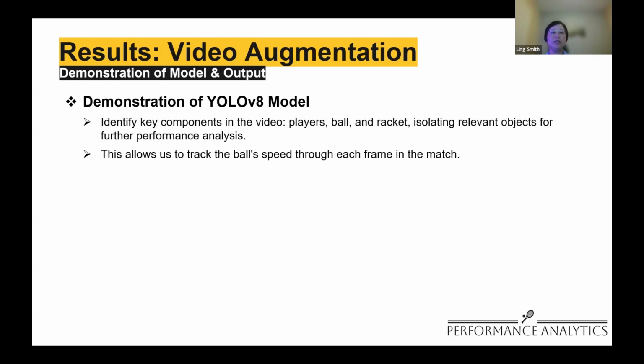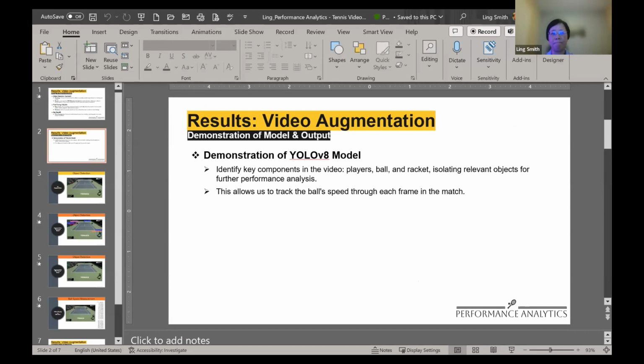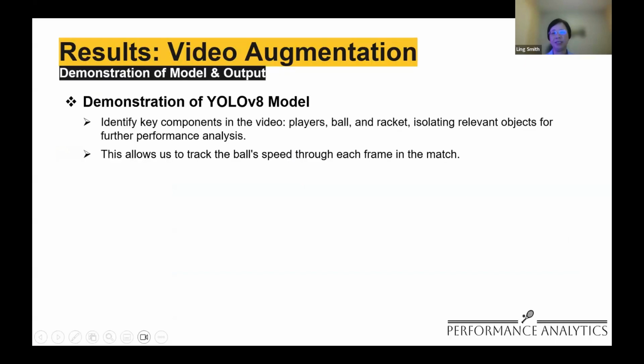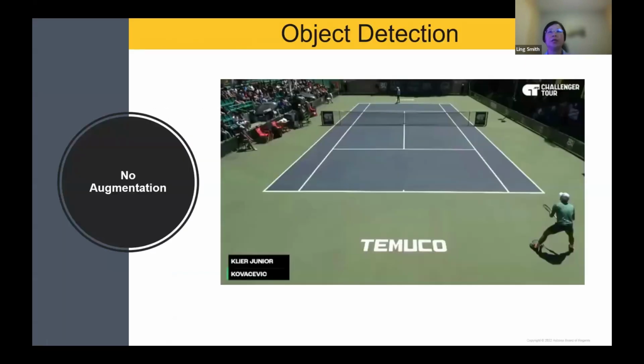So this fine-tuned model will identify these relevant objects, and by identifying these objects, we can also track the ball speed throughout the match. So I will show. Okay, so here is an extracted frame without augmentation.